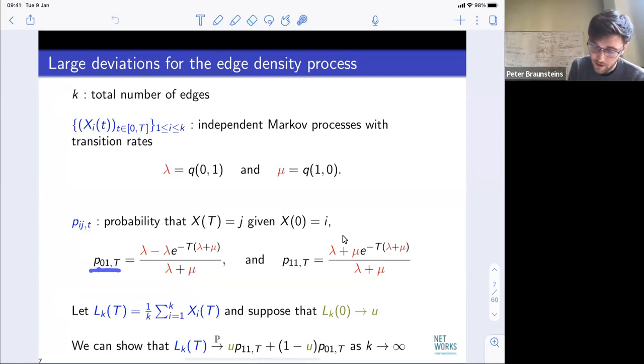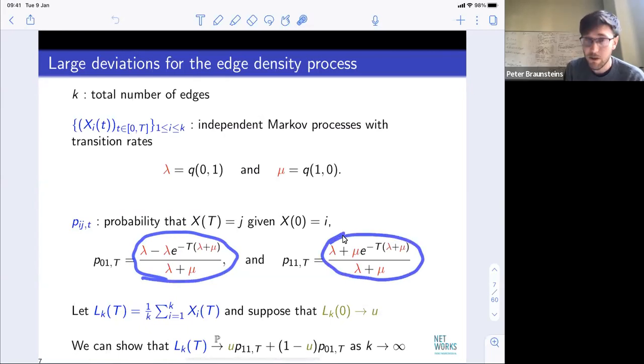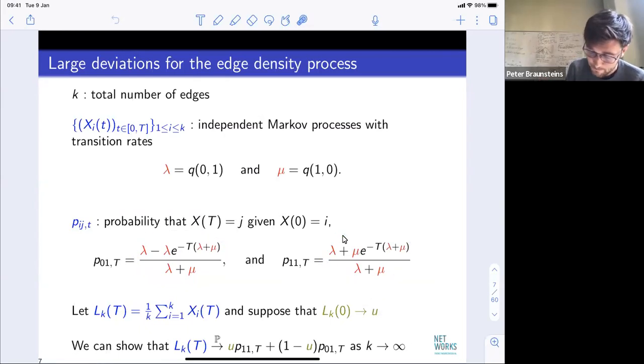If we just focus on this one to begin with, this is the probability that the edge is on at time t, given that it was off initially. And similarly, this probability here, which again is going to be important, is the probability that an edge is on at time t, given that it was on initially. We can get explicit expressions for these, which are going to be important.